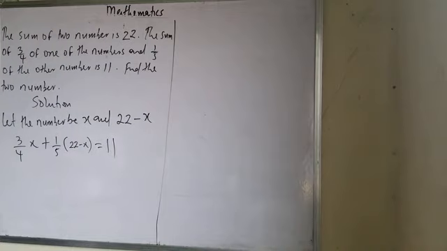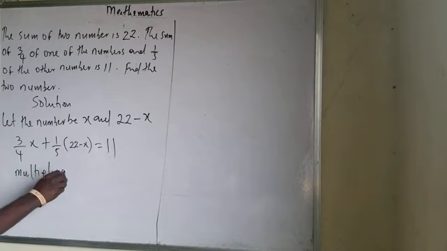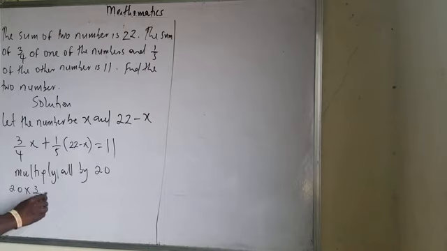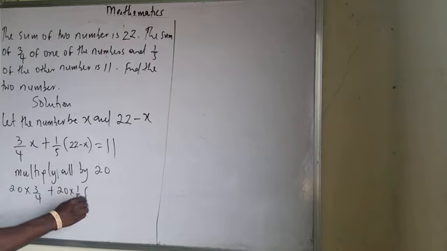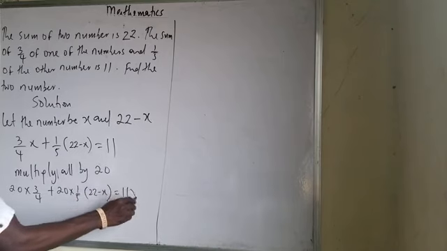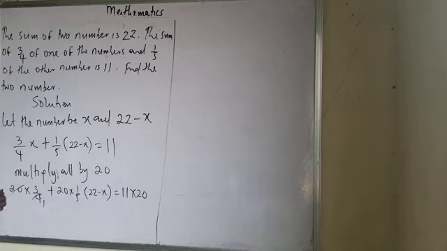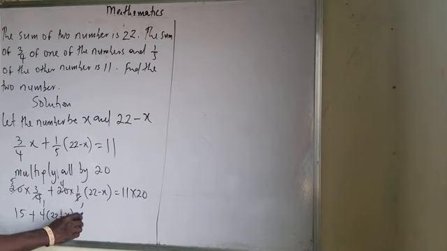That is the statement. Now, the LCM is 20. Just multiply all by 20, which is 20 multiplied by 3 over 4 x plus 20 multiplied by 1 over 5 bracket of 32 minus x equals to 11 multiplied by 20. 20 over 5 is 4, 20 over 4 is 5, which I'll be having 15x plus 4 bracket of 32 minus x equals to, now 11 times 20, that will be 220.